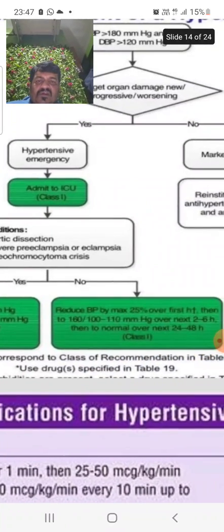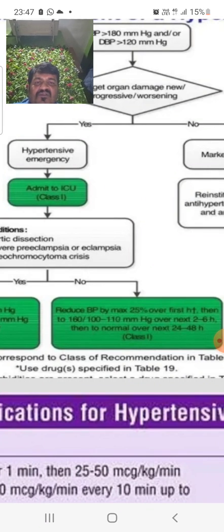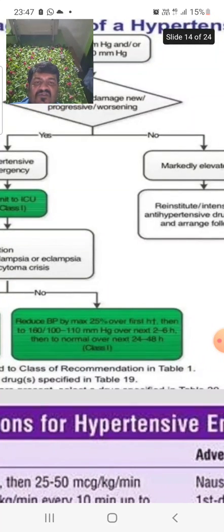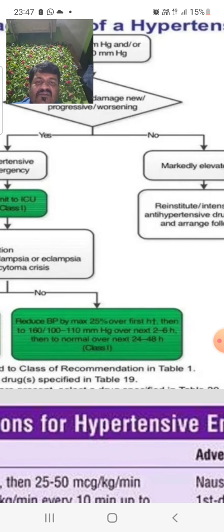Okay, and if you are not having such kind of condition, then reduce the blood pressure by maximum 25% over the first hour, and then to 160/100 or 110 mmHg over the next 2 to 6 hours, then to normal over the next 24 to 48 hours.